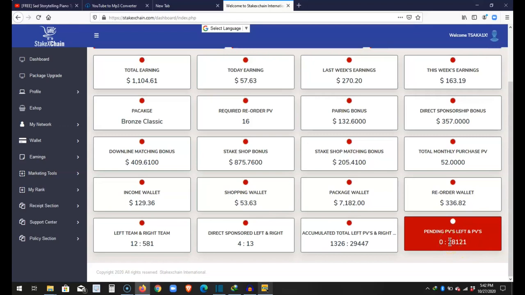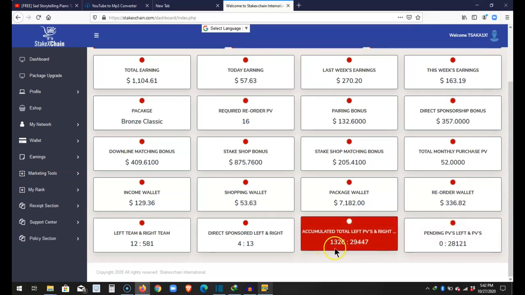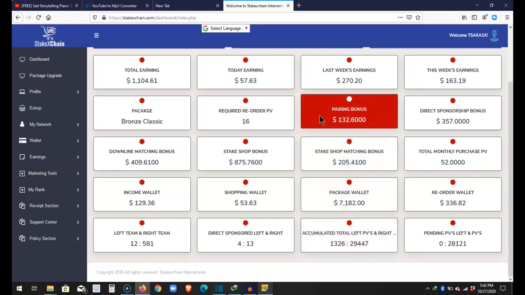The moment you put points on this other side, you are going to get paid based on this smaller leg. So in this case, because the smaller leg is 1,326 points, the pairing bonus is just 10% of that, which is about $132.6. So that's how it works.